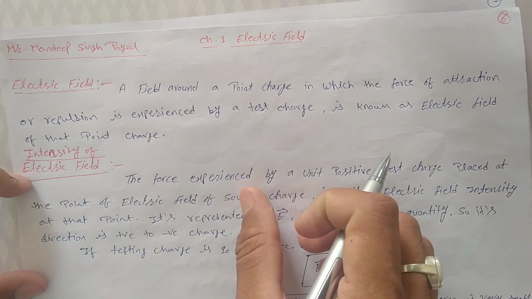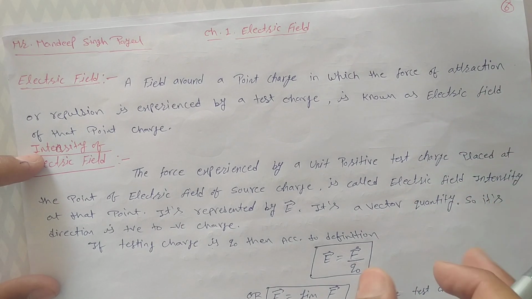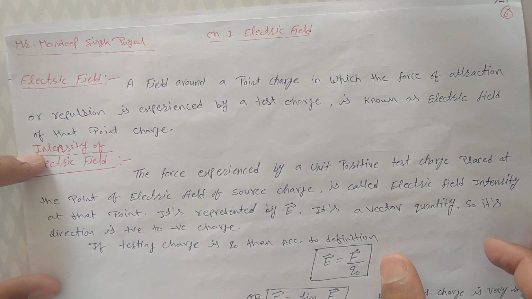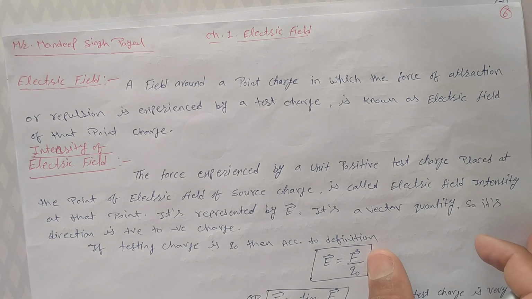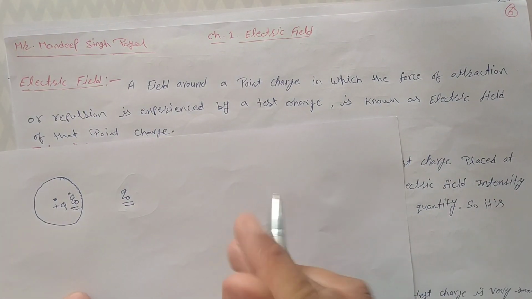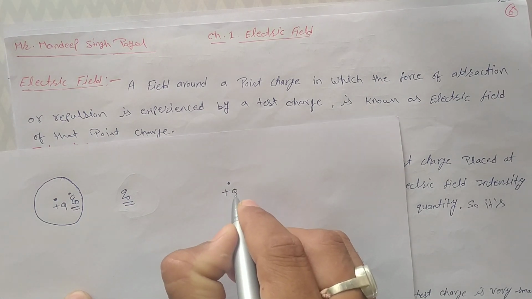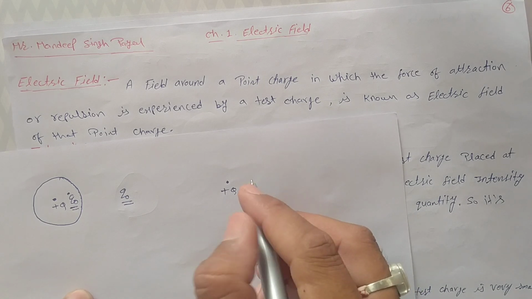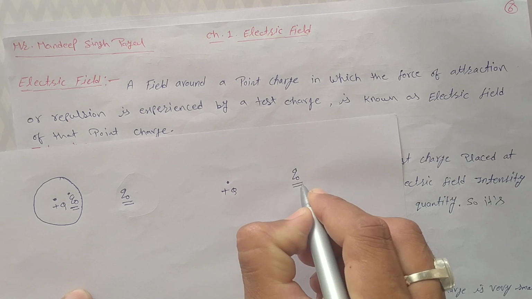Next, intensity of electric field. To represent the electric field in mathematical form, we study intensity of electric field. Suppose again we have a point charge plus Q and a test charge Q naught.